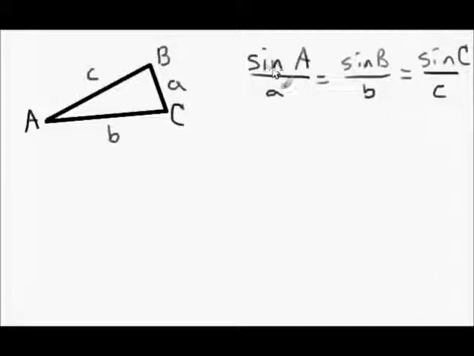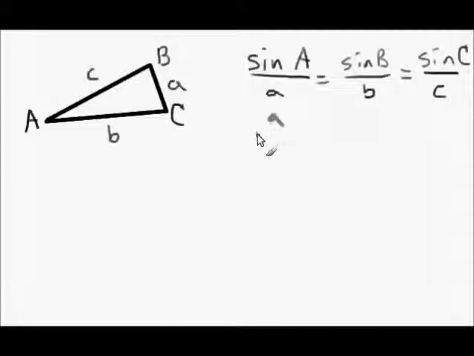It says that the ratio between the sine of an angle and the length of the side opposite that angle is proportionate to the length of the other pairs. So sine of angle A, ratio of that with the length of side A is proportionate to sine of B with side B is proportionate to sine of C with side C, and this also works with the inverse.